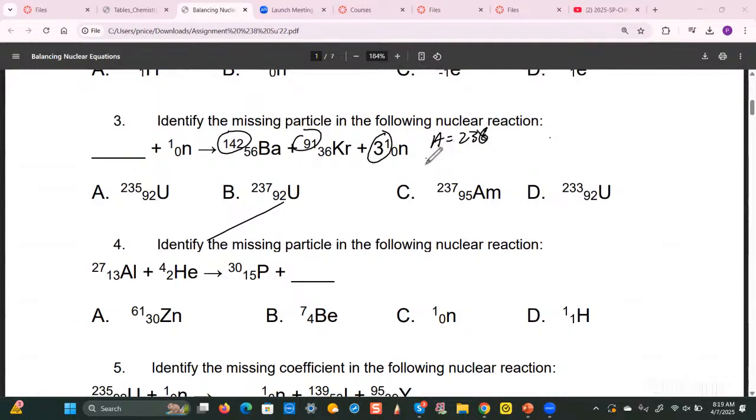And what's the total atomic number on the right side? Yeah, that's what I got too, 92.